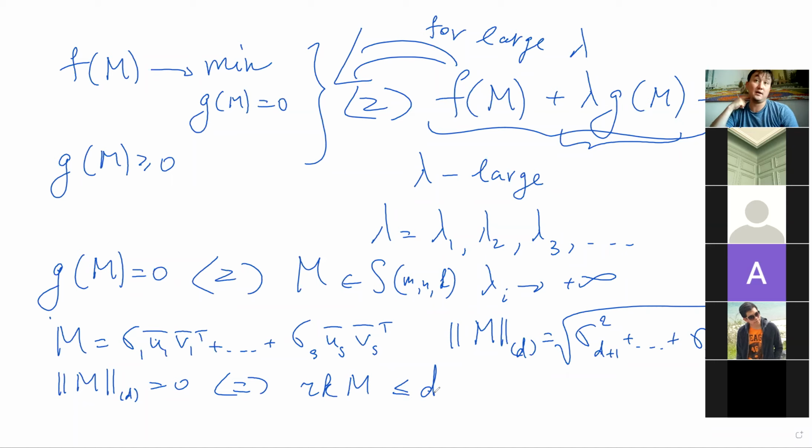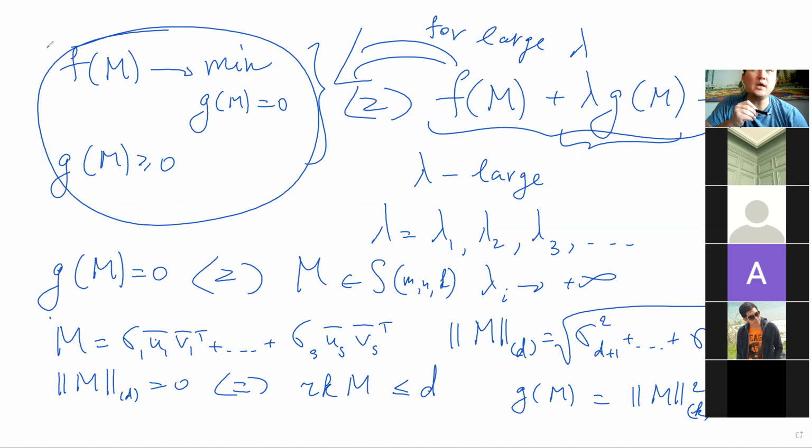Roughly speaking, if all singular values starting from d plus 1 are equal to 0, then only d singular values survive in the singular value decomposition. And this means that if you choose g of M as roughly this Ky Fan k antinorm squared, then it's easy to see that this problem will be exactly equivalent to minimization over the matrices of rank not greater than k.